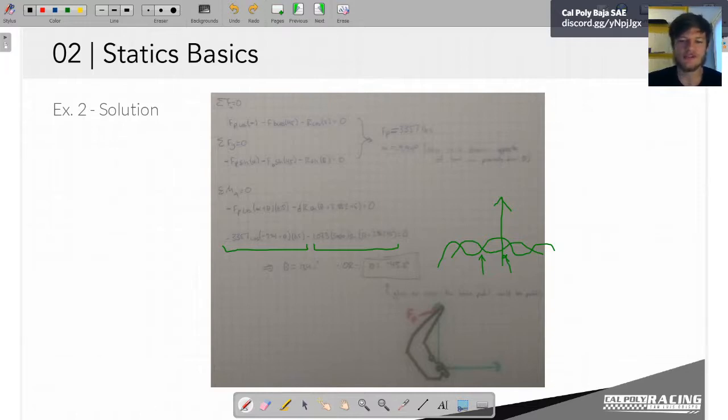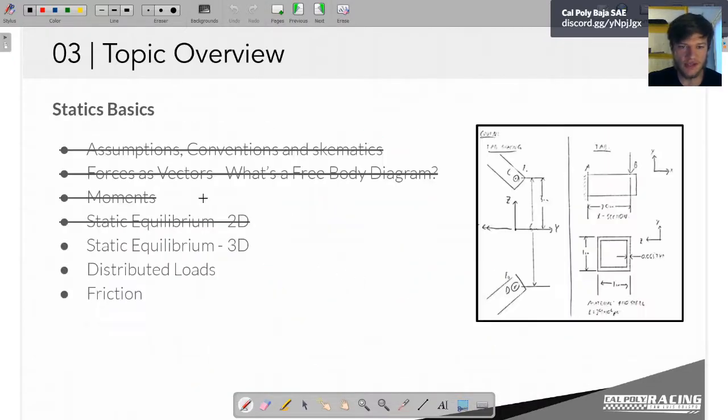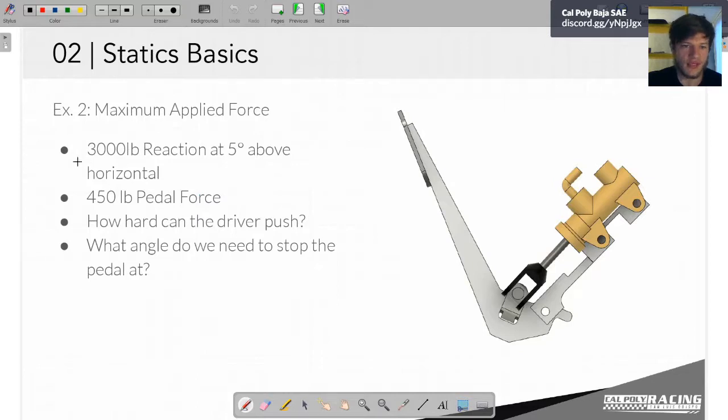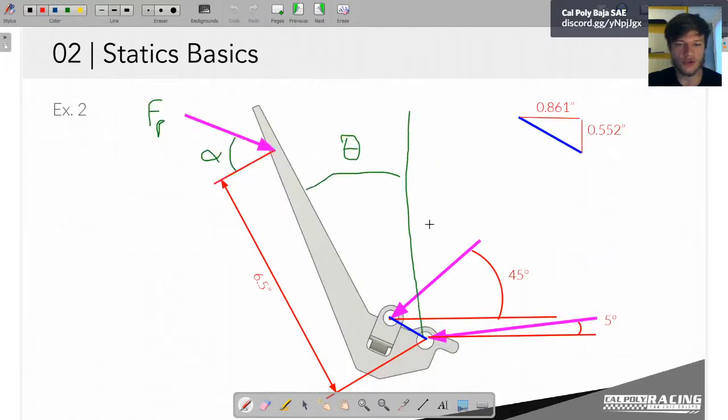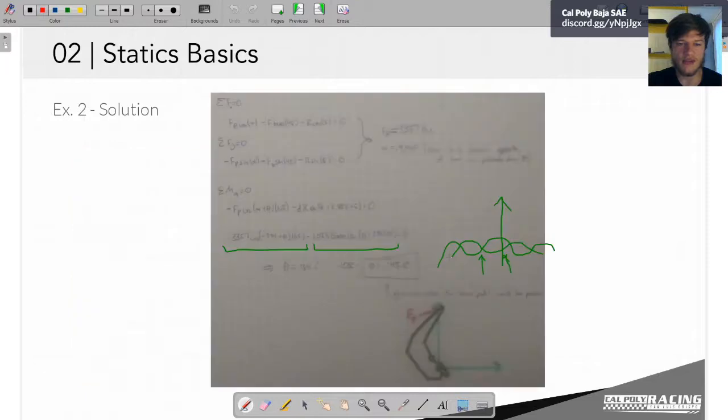Another thing to note is that for this problem, if we go back to the definition here, this 300-pound reaction at 5 degrees above the horizontal came from the FEA that Kyle did. One conclusion that we can draw from this analysis is that the FEA that he did is very, very conservative.